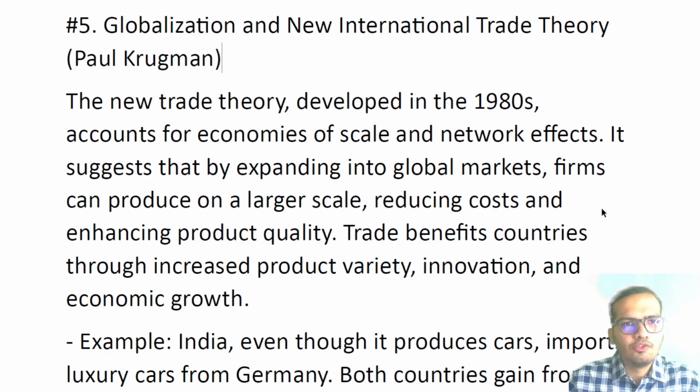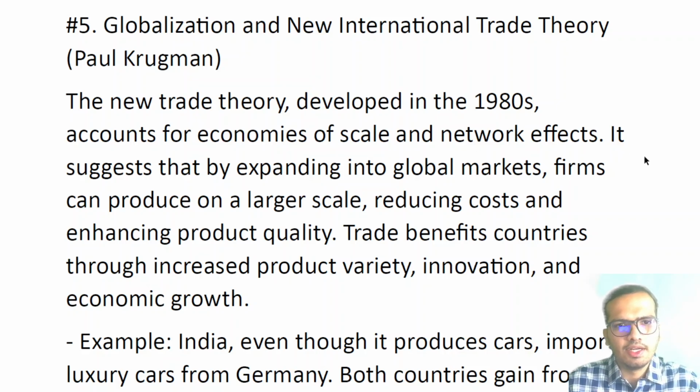Then comes the fifth theory, that is globalization and new international trade theory. It was developed by Paul Krugman. The new trade theory, developed in the 1980s, accounts for economies of scale and network effects.